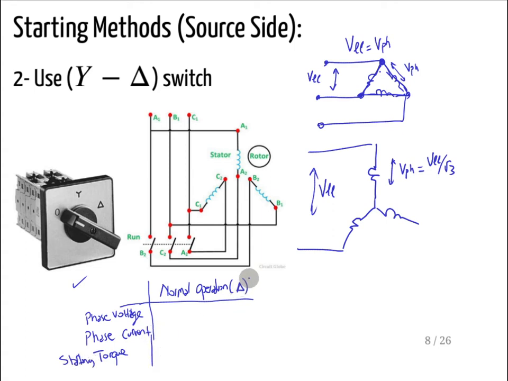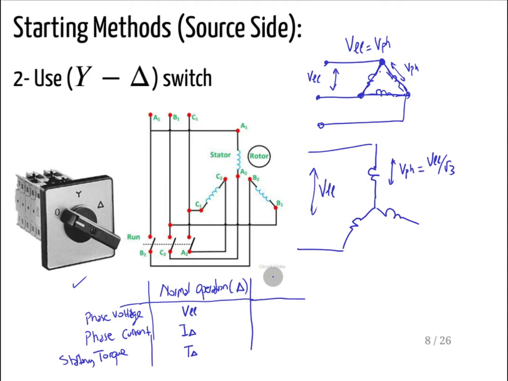You just start the machine normally, and you will have the line-to-line voltage and the phase current, let's say I0, and then the starting torque will be T0. Or let me write it as I delta. This will be the torque in delta connection.